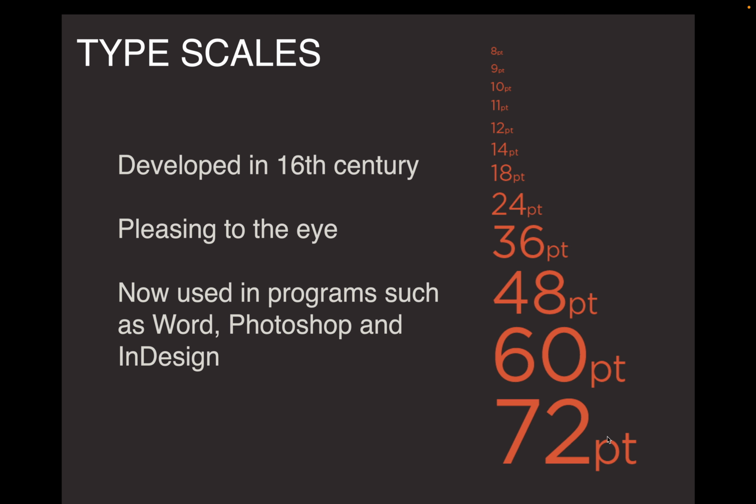And maybe you've seen this before, if you do a subtraction here, 72 minus 60 is 12. 60 minus 48 is also 12. 48 minus 36 is 12. 12. That is not 12, right? I'm just saying, the relative difference between these is not a static number. It's a little bit more magical than that.